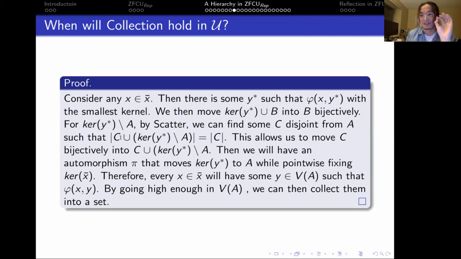That means for every x, we can find a y in V of A such that phi(x, y). But X bar is a set, so we can go high enough in V of A, find an ordinal alpha such that V alpha of A will be the collecting set. So this shows that if closure and scatter hold, collection will hold.